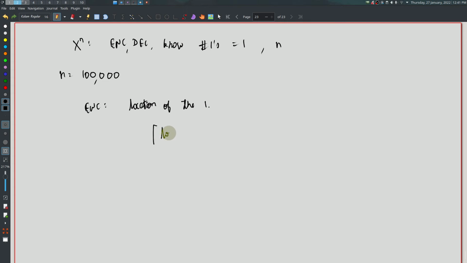Correct. So you can have k equal to ceil of log to base 2 of 100,000, which is ceil of log n to base 2, which is much smaller than n.